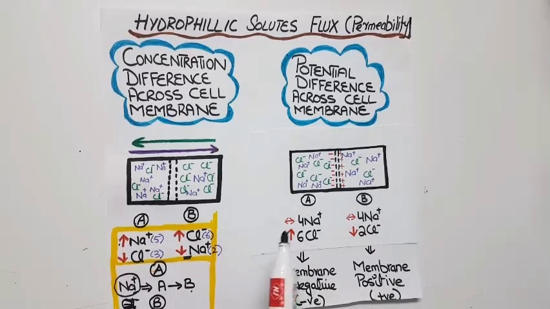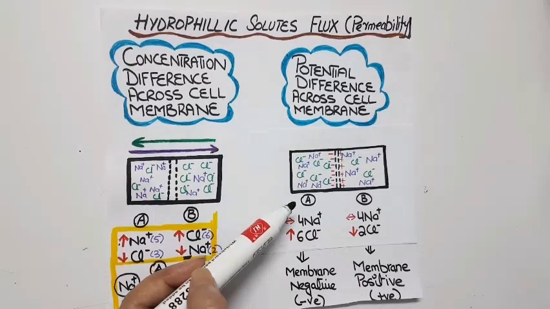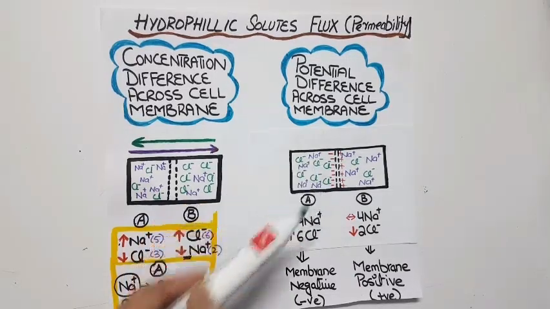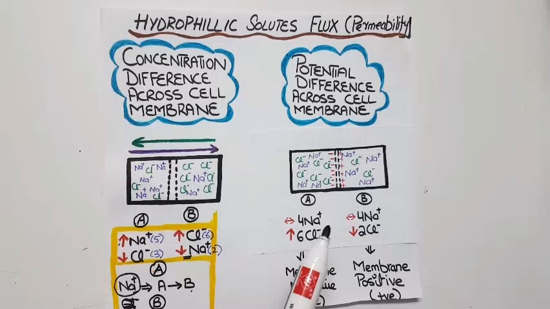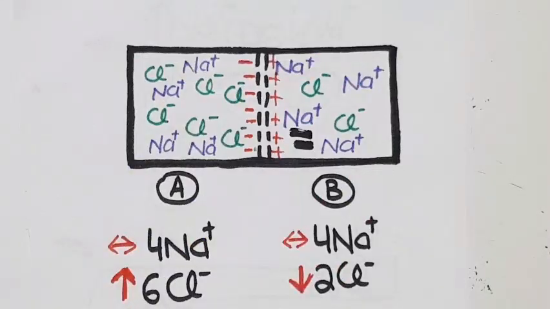Since chloride ions are greater in number, the A side of the membrane will become negative, and since chloride ions are fewer on the B side, this side of the membrane will become positive. This difference in concentration of chloride ions across this membrane will create a voltage, and that is called potential difference.